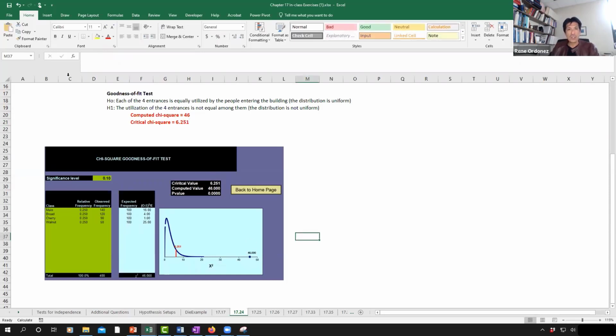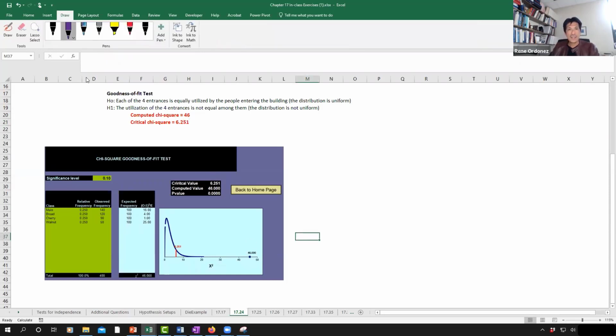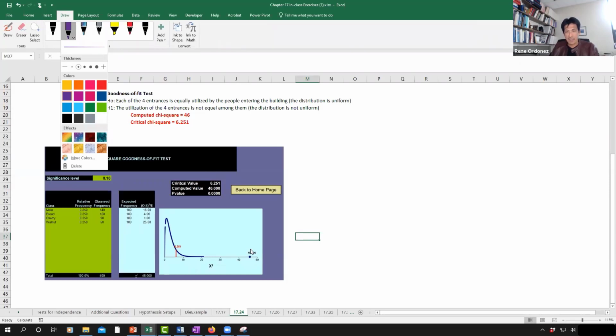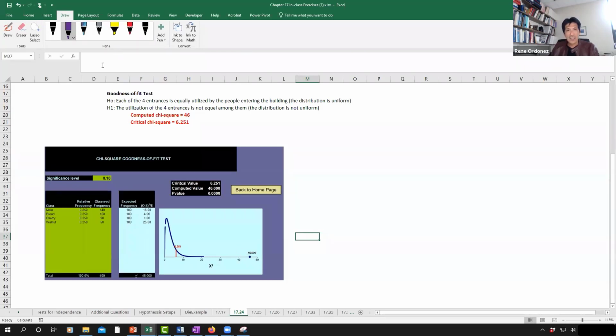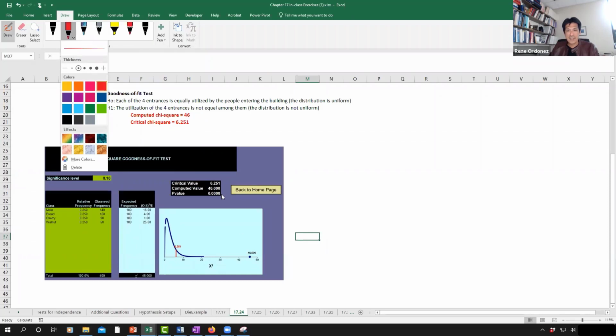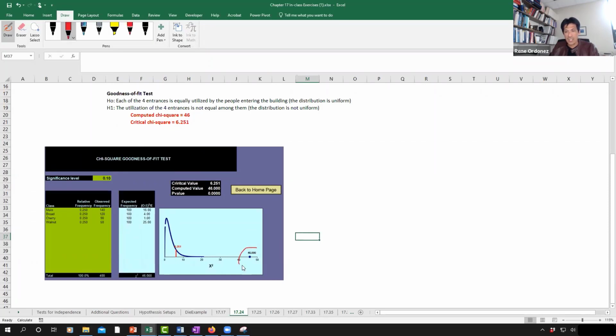And we will note that in this distribution, the computed statistic over here is way inside the rejection region.